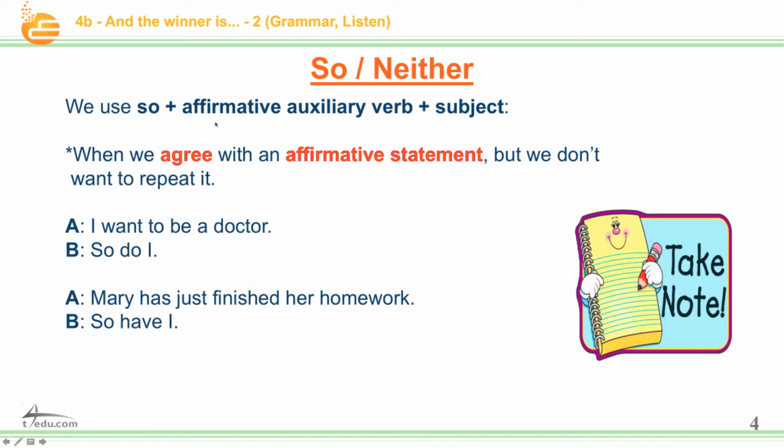The structure again: use so first, then the affirmative auxiliary verb. Affirmative means a sentence that says yes, there's no negative. Then the auxiliary verb, the helping verb, plus subject.